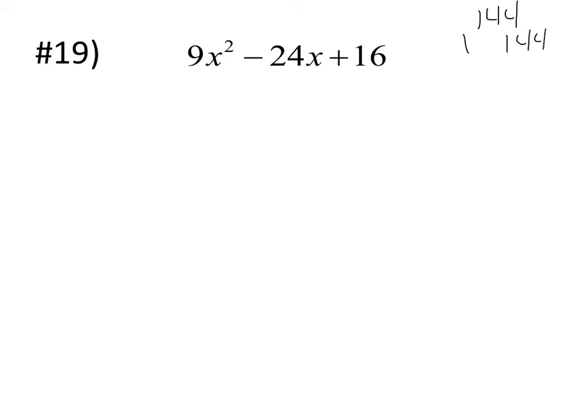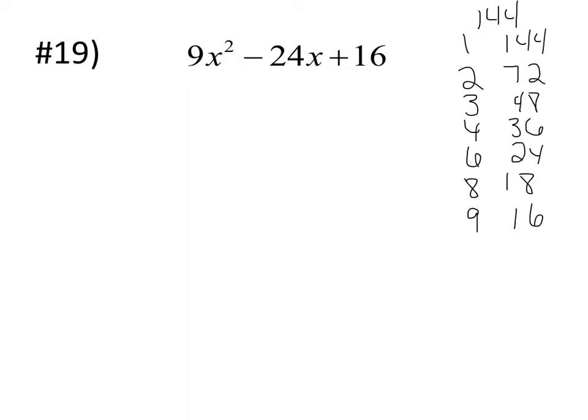So we've got 1 and 144, 2 and 72, 3 and 48, 4 and 36, 5 isn't going to go, 6 and 24, 8 and 18, 9 and 16, 12 and 12. Okay, so the only ones that could give us 24 are 12 and 12.